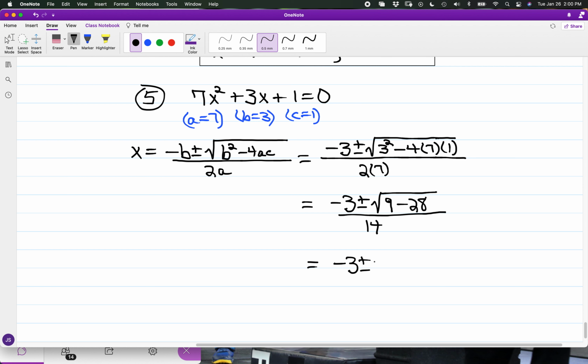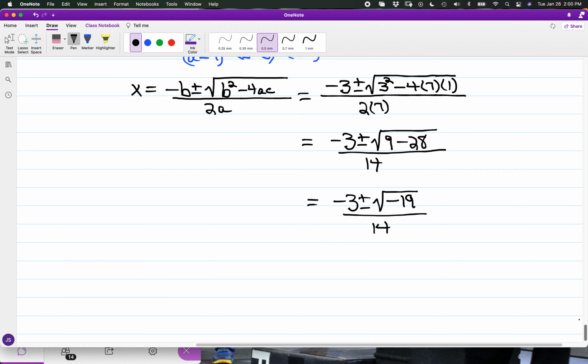And here we have negative 3 plus or minus the square root of negative 19 all over 14. With the square root of negative 19, I know in ALEKS it wants you to draw out that letter i whenever there is a negative result from b squared minus 4ac. So we have negative 3 plus or minus the square root of 19 multiplied by i.